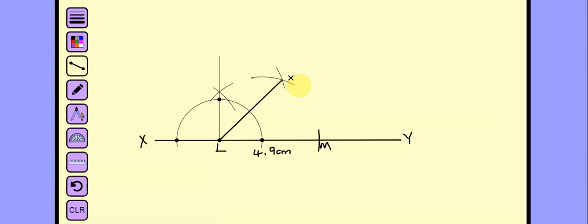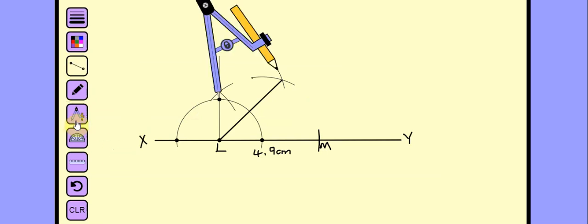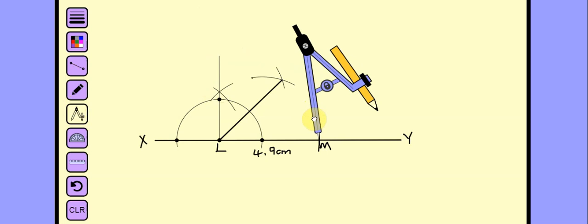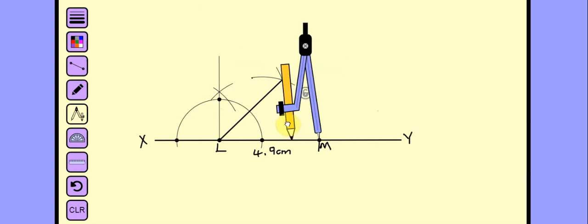Now the next step is to construct the 30-degree angle at M. So what we can do for that is to construct a 60-degree angle to the left of M and then bisect that 60-degree angle. So placing our compass at M, we will open it up to a suitable separation.